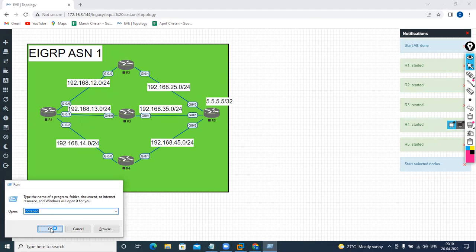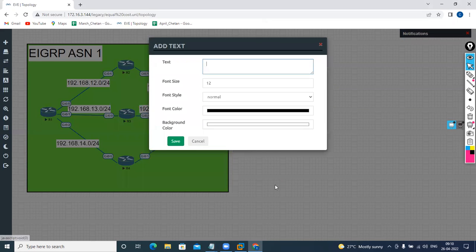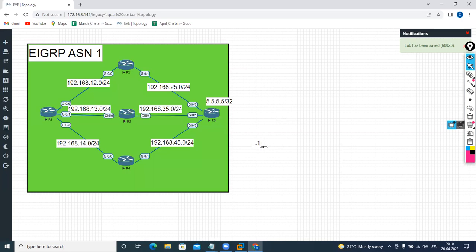Let us configure our IP addresses on the notepad, then we'll copy this. Config t, hostname R1. Interface 0/0. The IP address will be 192.168.12.1. This is dot 1. This is dot 1 on all the interfaces on R1. This one is dot 2 on all the interfaces.